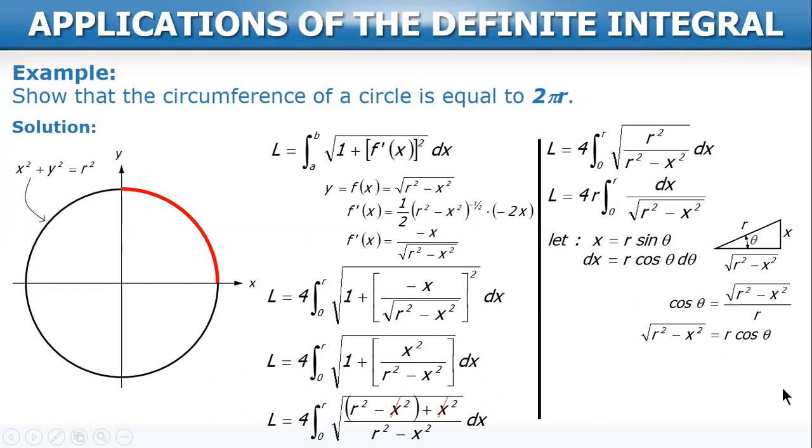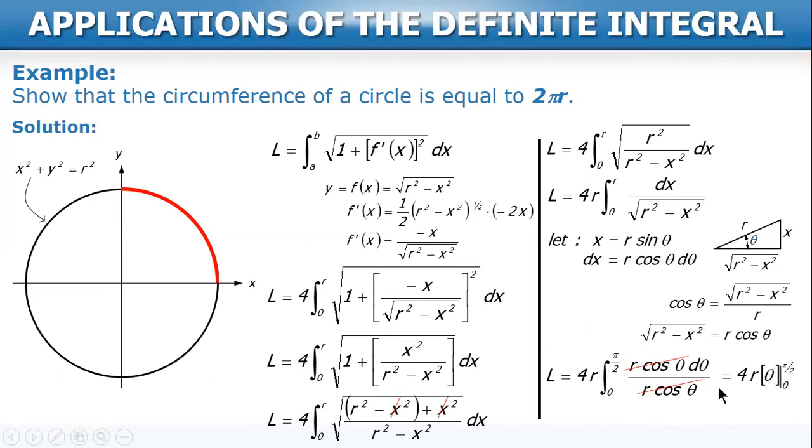We have this. So therefore, ang square root of r squared minus x squared, this one, is simply r cosine theta and dx is r cosine theta d theta. We have this. So ma-cancel ang r cosine theta. Ang bilin is d theta. So integral of d theta is simply theta.